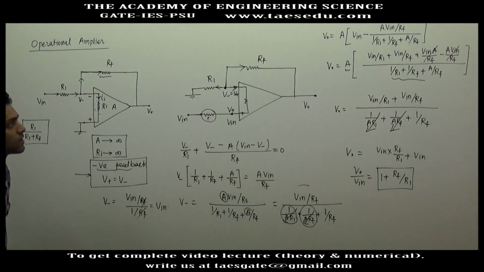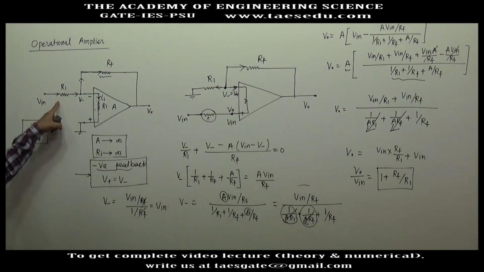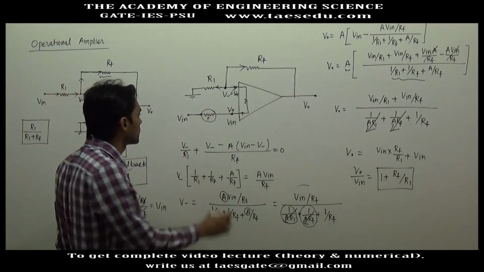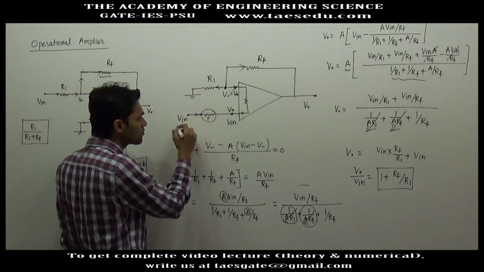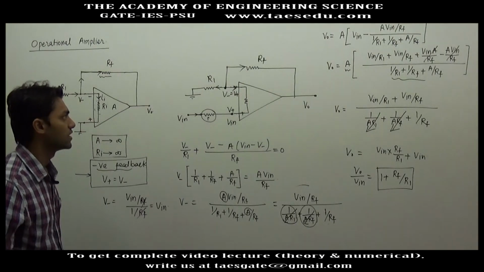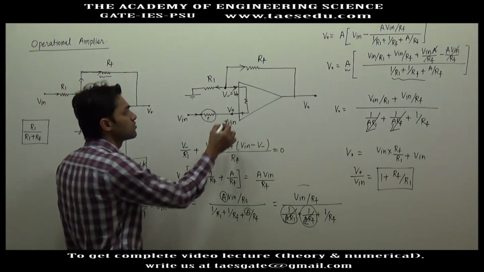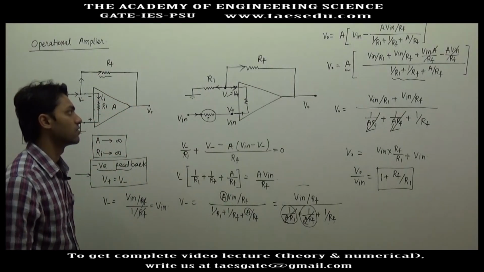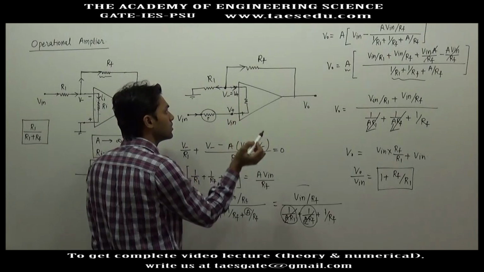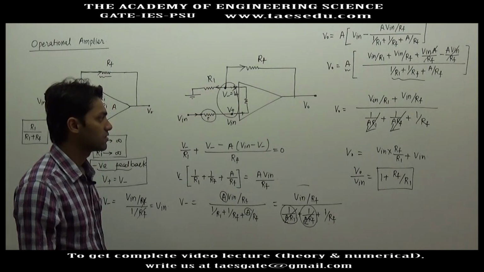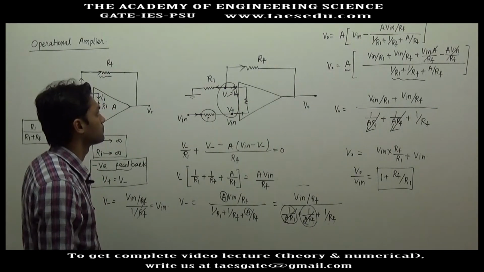So this way we have derived for both cases. The first case is when the input is applied at the inverting input, and the second case is when the voltage is applied at the non-inverting input. In both cases, if we have negative feedback, these two voltages will be the same, and if you do the calculation on this basis, the calculation will be very easy and you can derive the formula for the gain of the system.